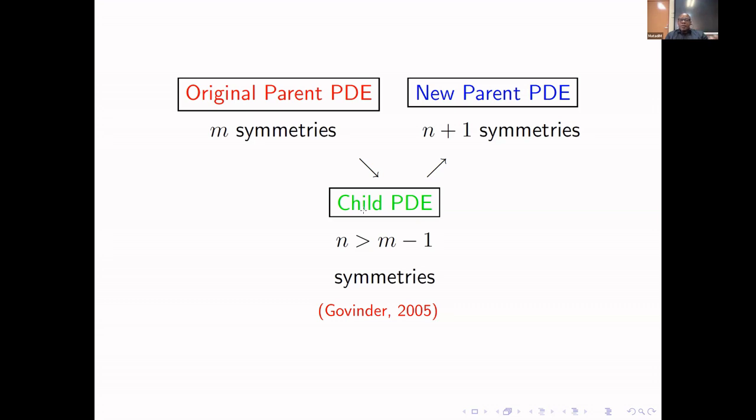Then you conduct again more investigation from the Lie point of view, and you will end up with a new parent. By new parent, I mean your equation that's coming from the child, that has the same characteristic as the original and your child equation.